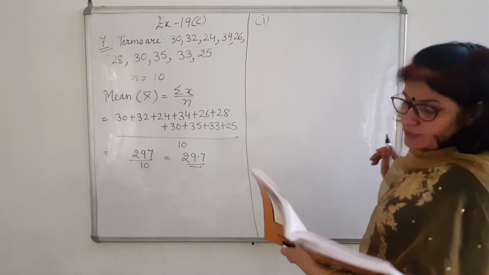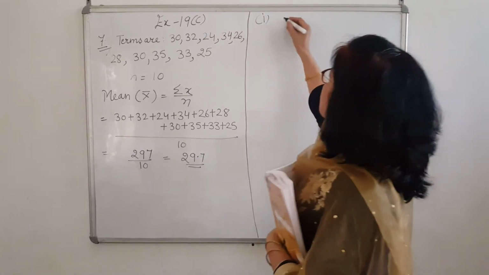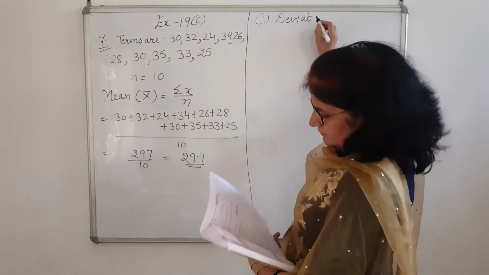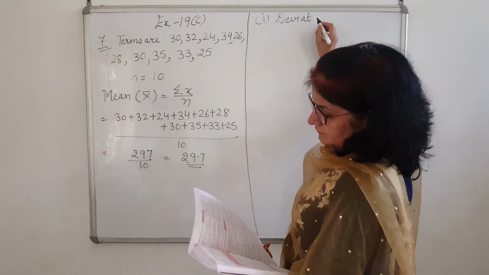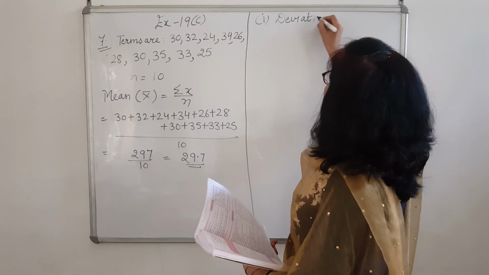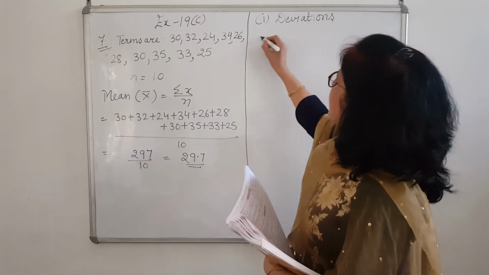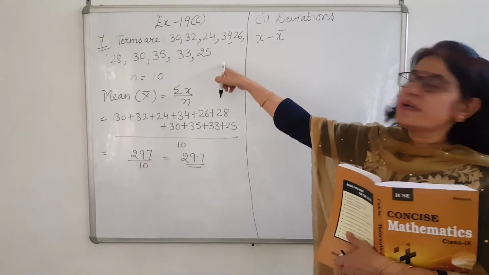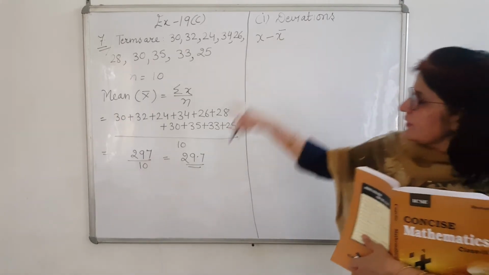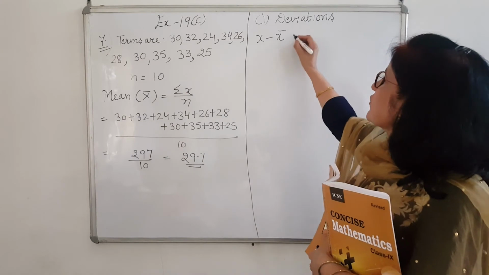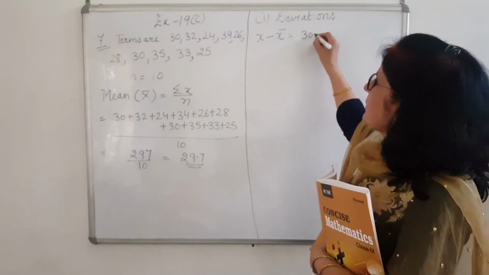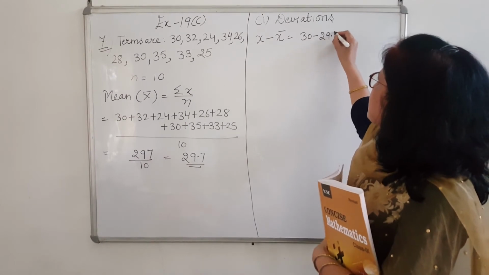Now in the first part, you have to find the sum of the deviations. Now what is deviation? Deviation means x minus x bar. X means the data itself and x bar means the mean. So we will solve it. What is x here? We'll take the first term, 30 minus 29.7.